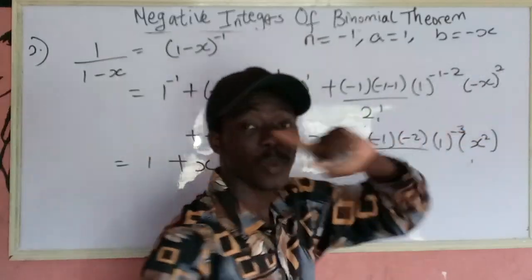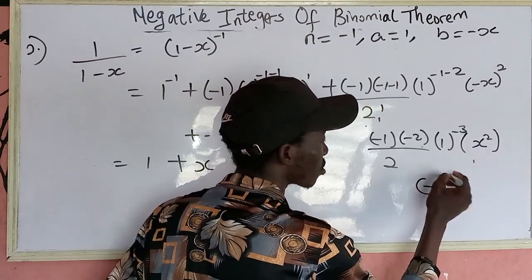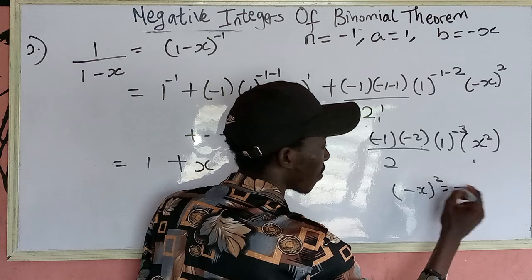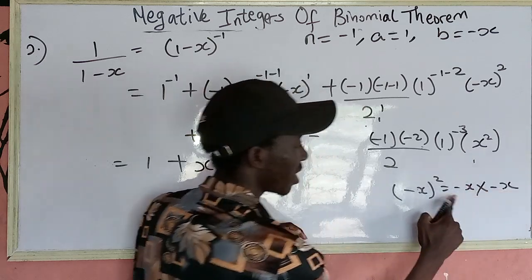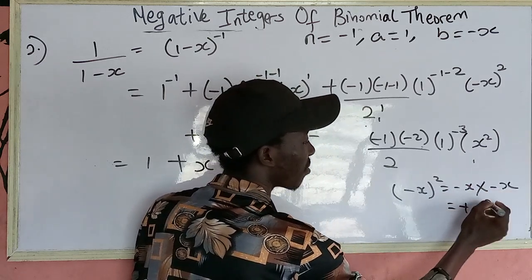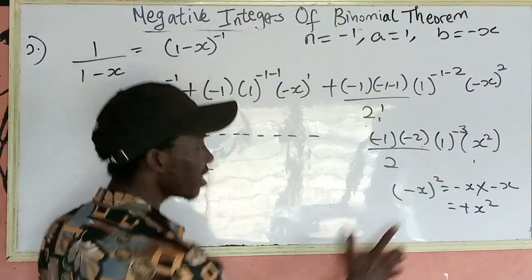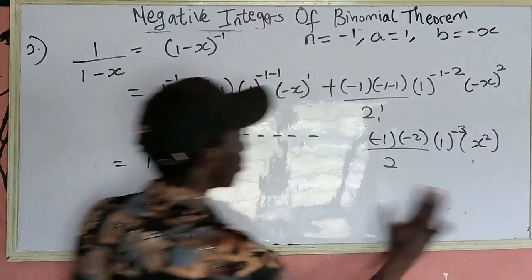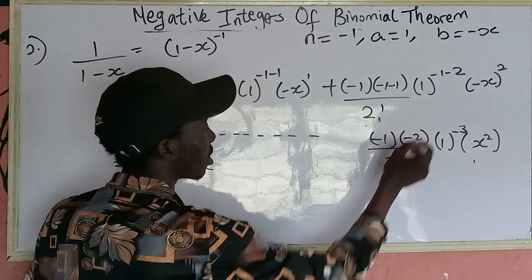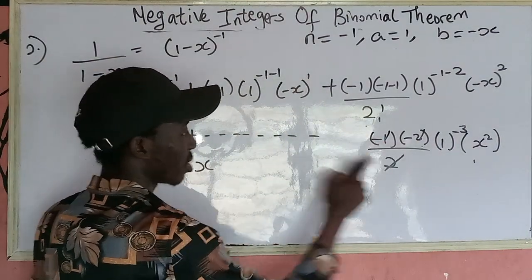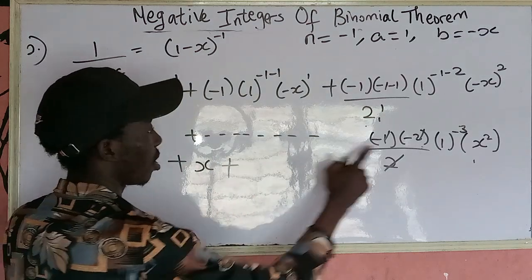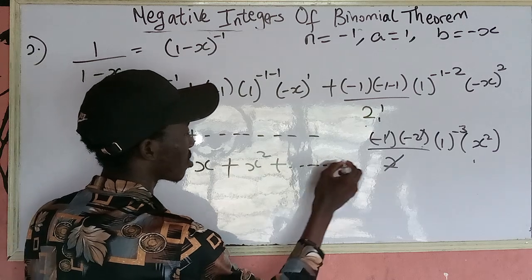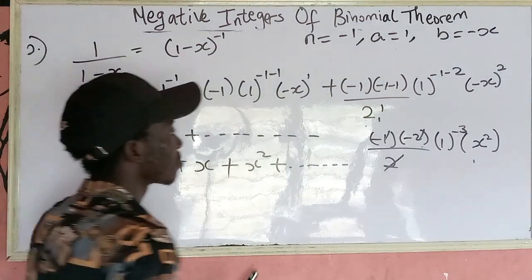Because minus x raised to power 2 is equal to minus x times minus x. This becomes plus, and you have an x squared. So that means this is just an x squared alone. So to cancel this and this, you have a plus, and you have an x squared and a continuous number of terms.